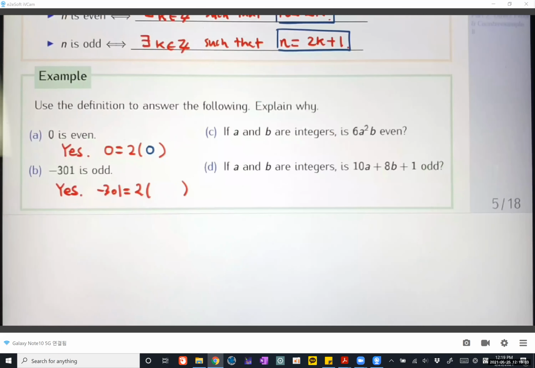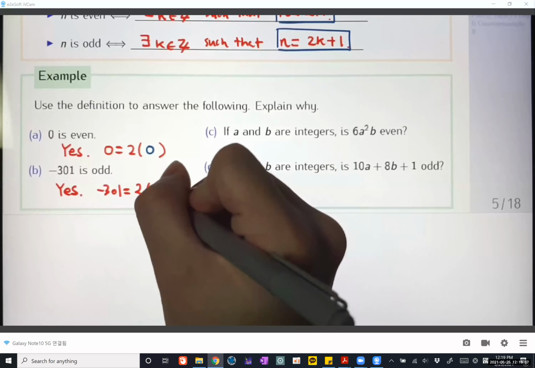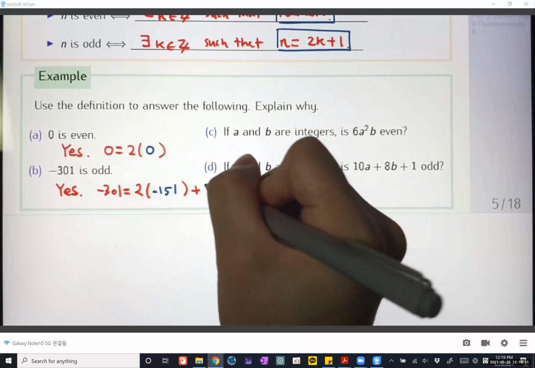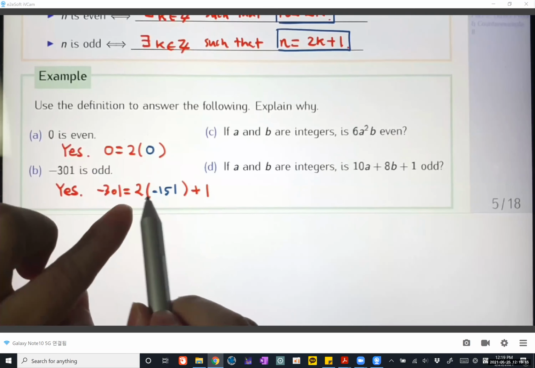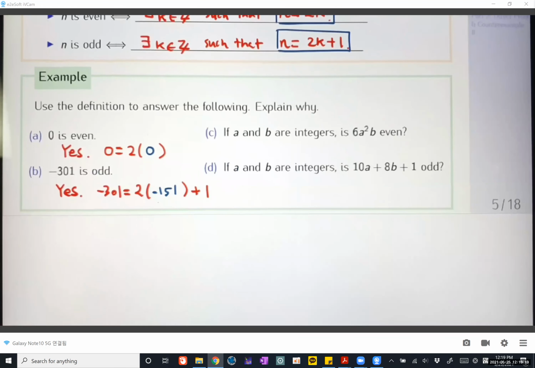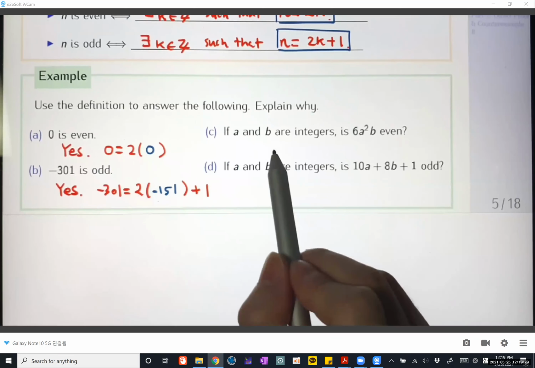It should be negative 151, right? Sorry, my question is supposed to be, which integer should we multiply with the 2 and then plus 1 so that we get negative 301? That was my intention. And here, negative 302 plus 1 gives us negative 301. That's why it's odd.